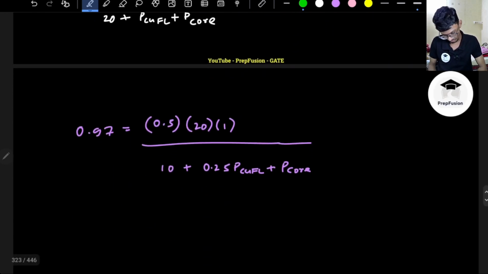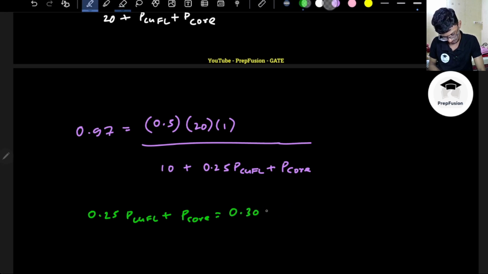And here, the value will be 10 divided by 0.97 minus 10, so 0.25 P_cu FL plus P core will be 0.309 kilowatts.